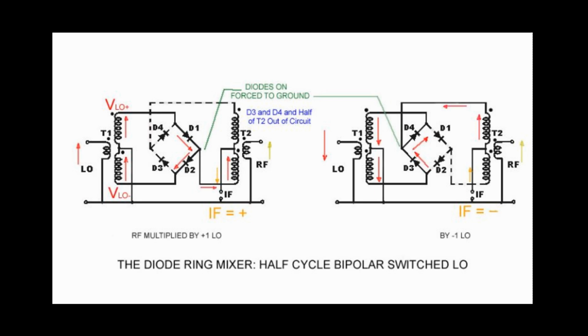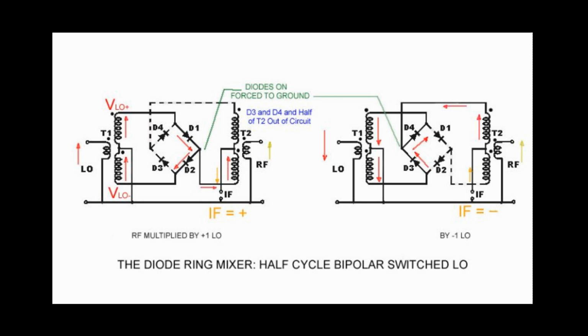The RF input, which is that yellow arrow, is also a rising edge. The positive going RF is multiplied by the LO and seen at the IF port without a polarity change. So T2 is going to take the RF and the LO and multiply them together, and a positive times a positive gives you a positive.